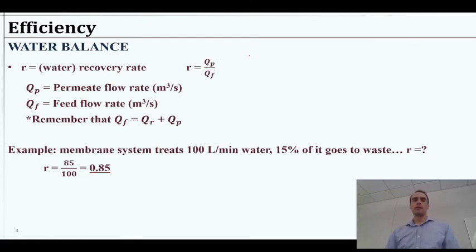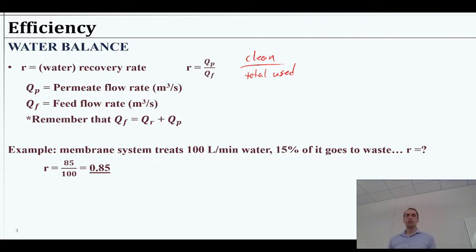So that's clean over total used. Pretty straightforward. If we don't have to backwash very often or very much, then it should be a pretty high number. Sometimes maybe we'll get 90% or more water recovery rate.